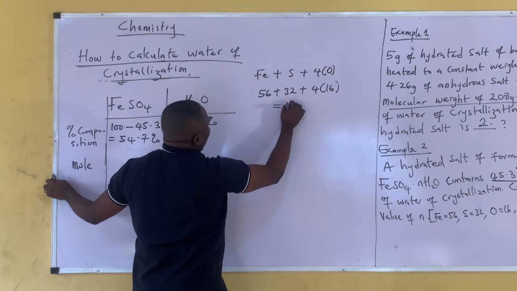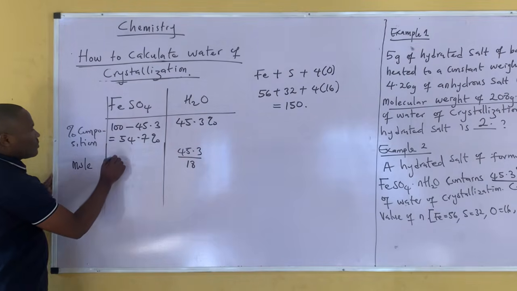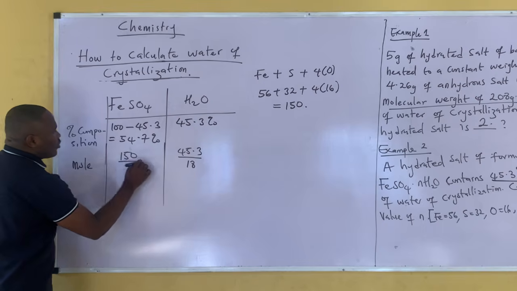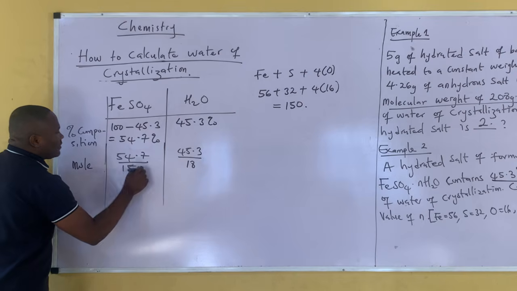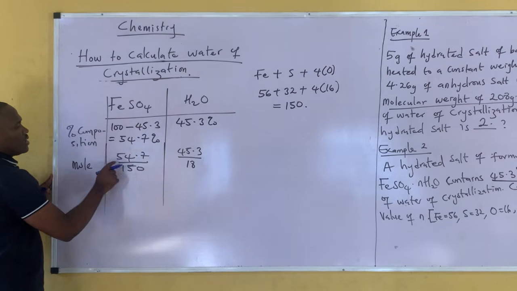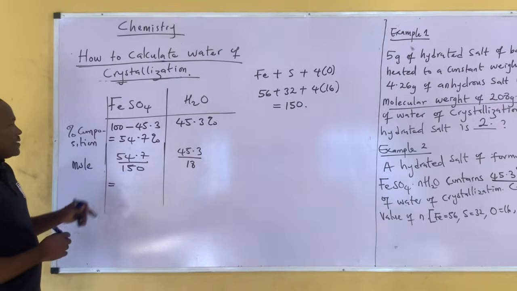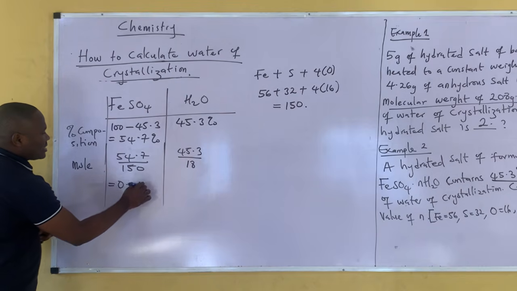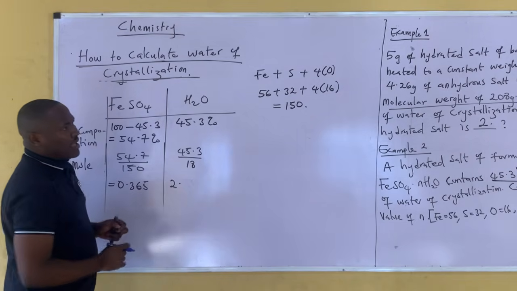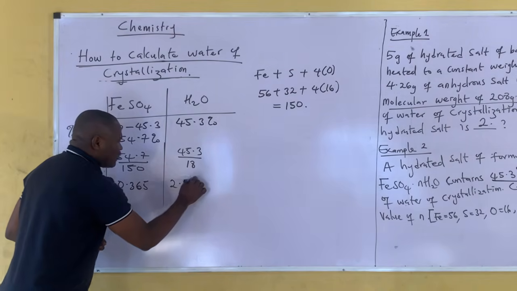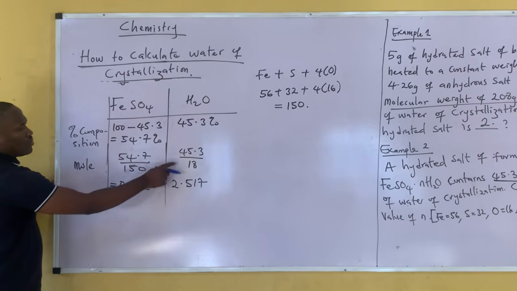So everything here will give us 152, that's what we'll get there. So this will now become 54.7 over 152. So this is the molar mass of this. This is the percentage composition of this. So what is now our value? If this is divided, I will have 0.365. Then I will have here 2.517. So this is the mole of this. This is the mole of this.